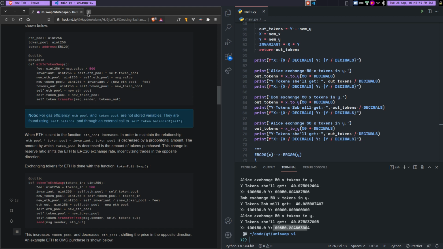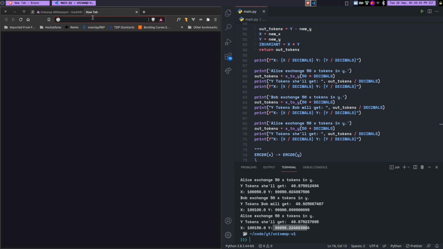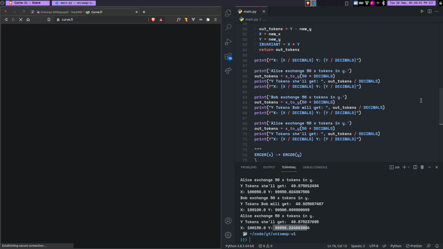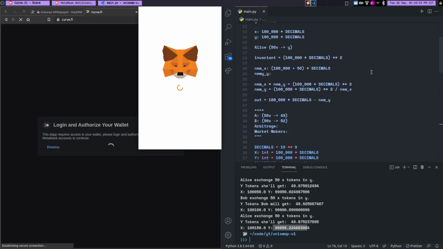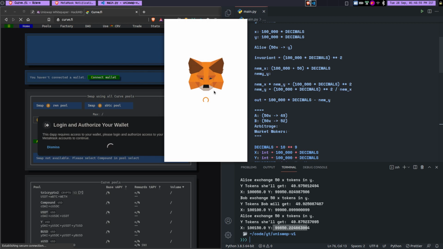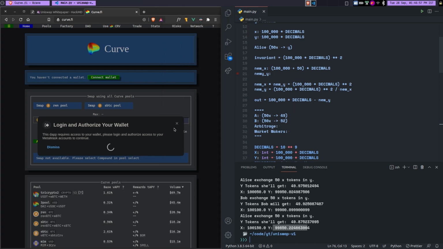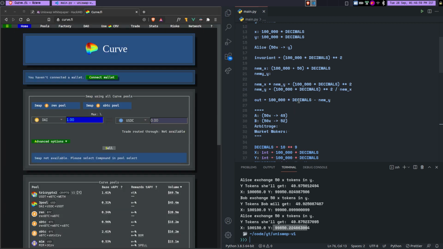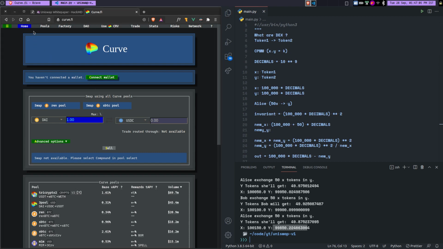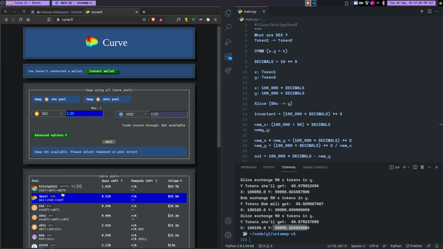But if you take a look at other DEXs like Curve Finance, they have a different algorithm. There are multiple ways of governing prices and creating DEXs. This was one of the simplest ones, and Curve Finance is another way where DEXs work.